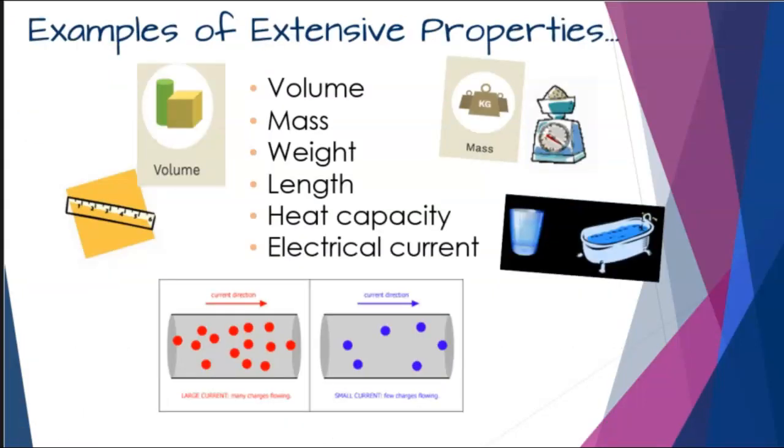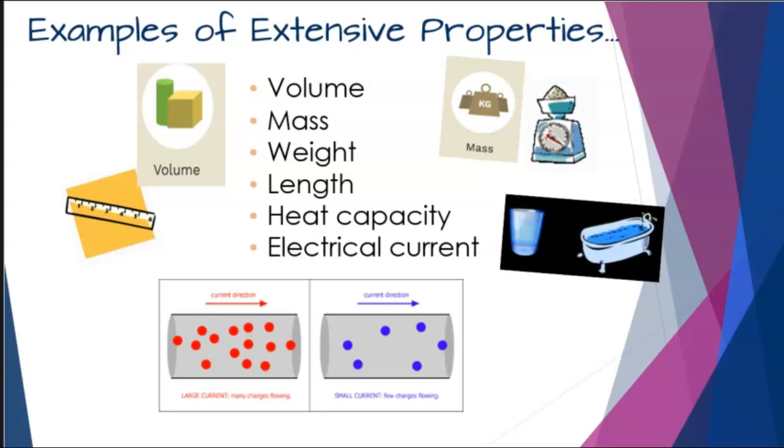All right, let's look at extensive properties. These, on the other hand, are the ones that do matter. If you add more mass, generally the volume goes up. Lots of times it's going to be a longer object. If you have more electrons moving, down at the bottom you can see you have what's called an electrical current.